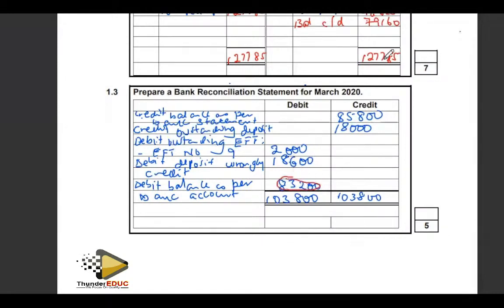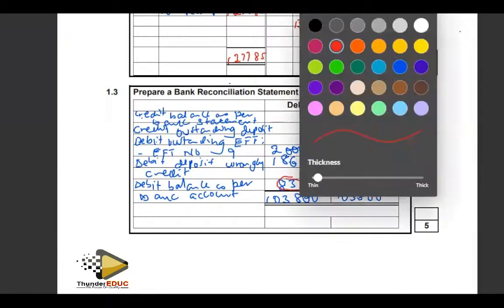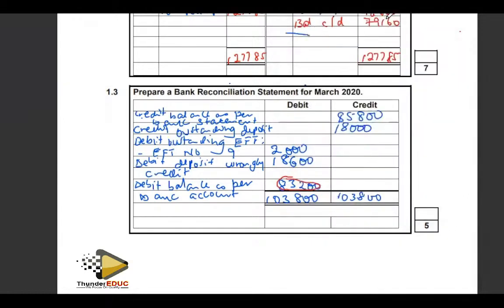Because this total here must be the same total here, okay? It must be the same total like this one. These totals must be the same. If they are equal, it means that we have correctly done our bank reconciliation.